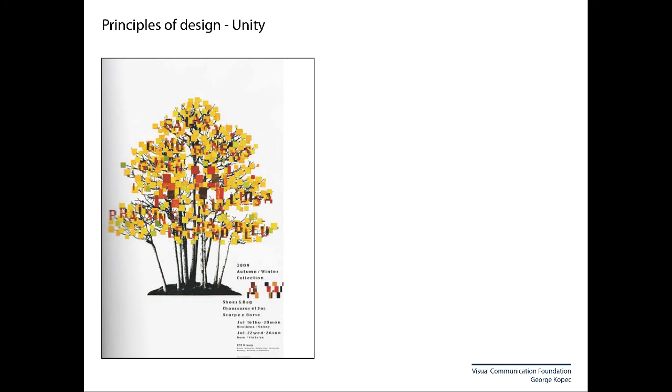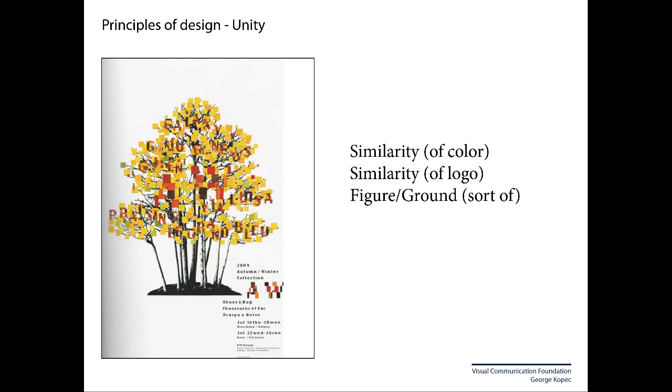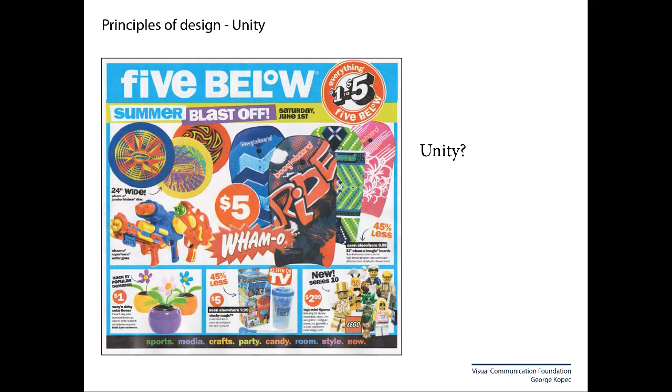Your eye is going to go back and forth between the image and the type, and one big reason is that this AW logo is very, very similar visually to the treatment of the leaves in color and in texture. So that's that similarity, figure ground.